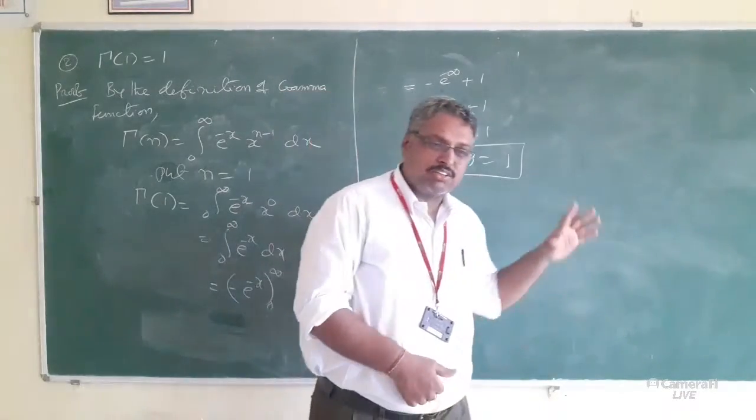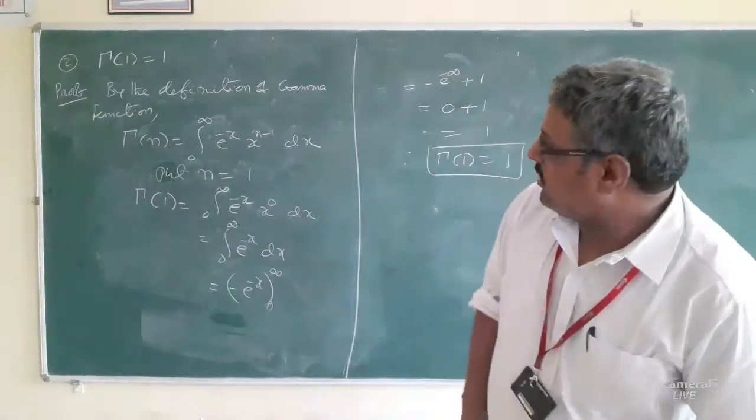Now this is gamma 1 equals 1. Now this is the second property.